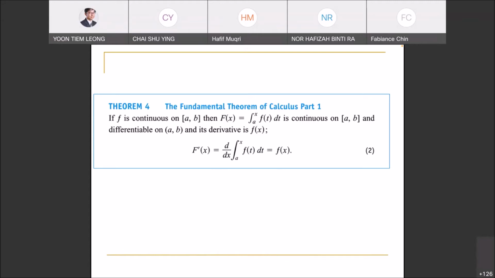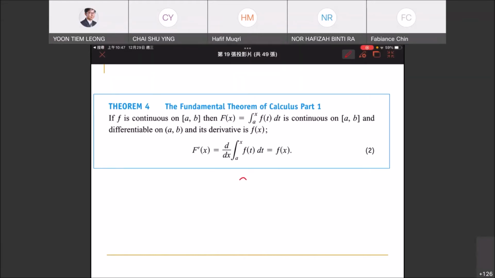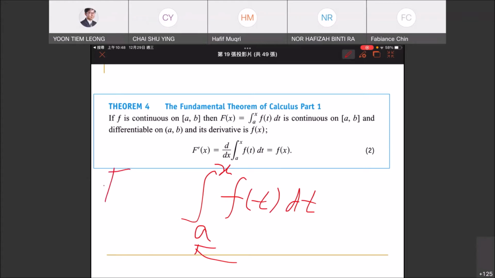That is to say, if you have a small function f, and you integrate it from some constant a, where this constant is arbitrary, it doesn't care what value a is, it's just any number, and then its upper limit is an independent variable, then this would define a new function called the capital F. So the capital function F is constructed from the small function f.